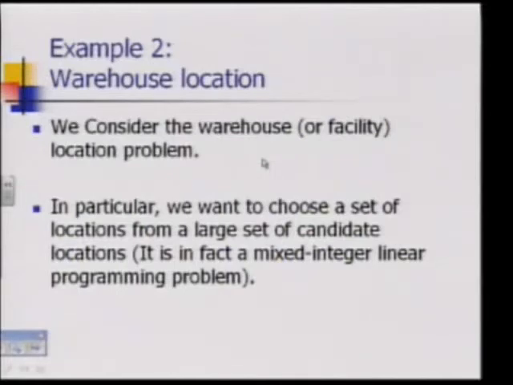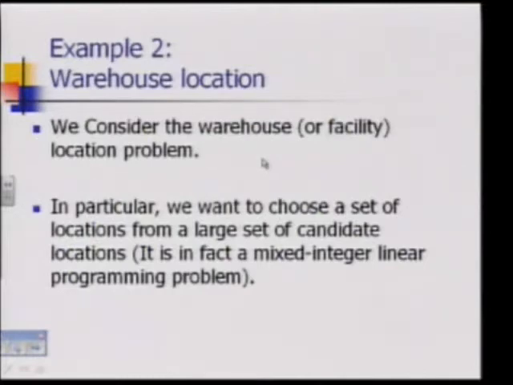And in this case, because you have a large set of candidates, you can only choose a subset of them. So it's highly related to what in machine learning is called the feature selection problem. You have a bunch of features, you only want to select a subset of important features to do pattern recognition, to do clustering, and so on and so forth.